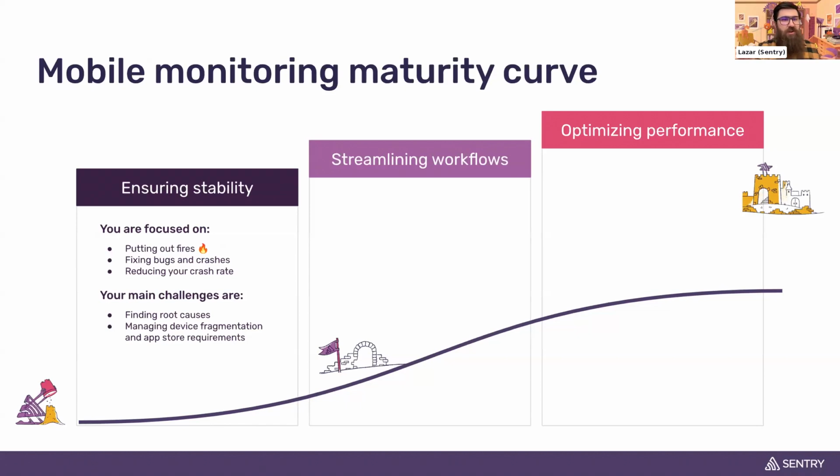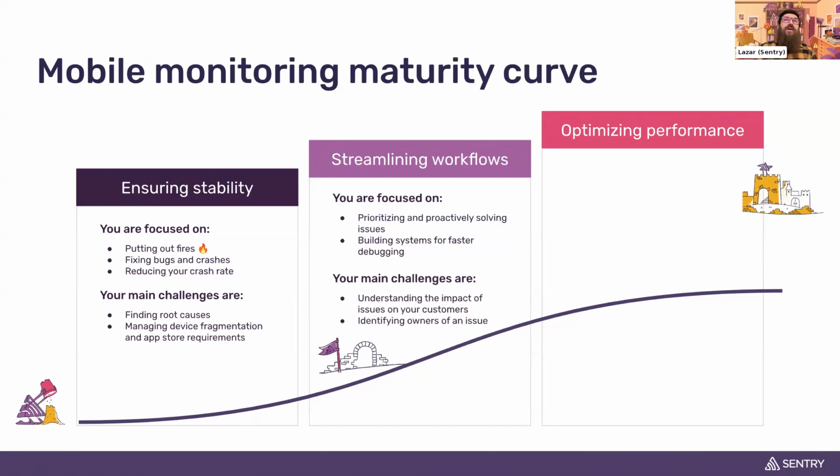So when you conquer that, when you grow out of this phase, you get into the streamlining workflows phase, where you're focused on prioritizing and proactively solving your issues. So you already know how to get those issues. Now you're focused on how to prioritize those issues. What do you want to work on?